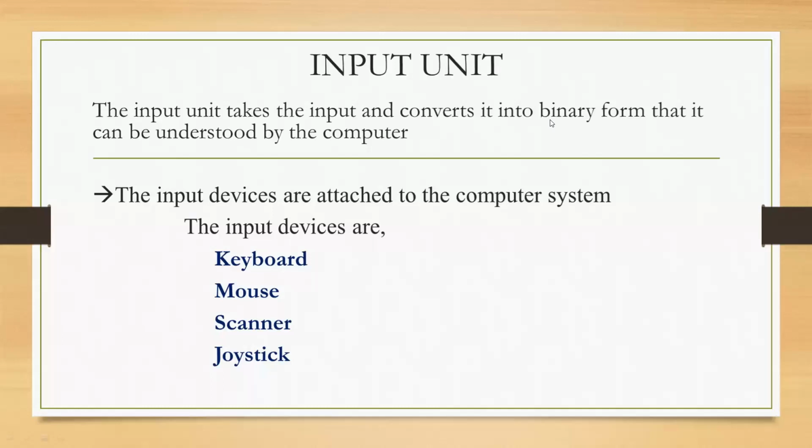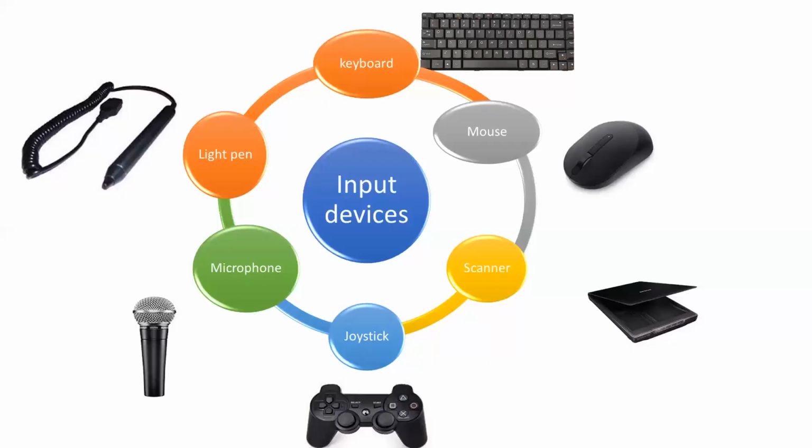There are so many devices used to take this information from the user. Those are input devices. What are the input devices? Keyboard, mouse, scanner, joystick, etc. Can you see this picture? Some images are there, like keyboard and mouse. With the keyboard and mouse we can give instructions to the computer. What is the purpose of a scanner?